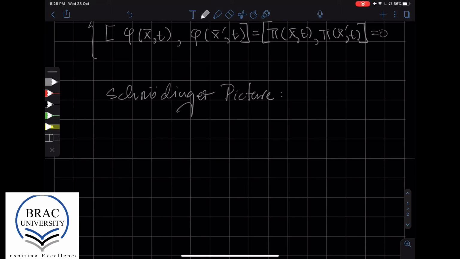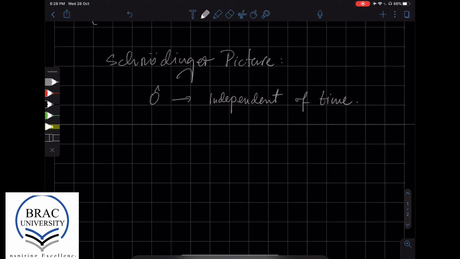So remember the Schrödinger picture from quantum mechanics. In the Schrödinger picture, operators, which represent observables, in general do not depend on time, whereas the states, say psi, are dependent on time.